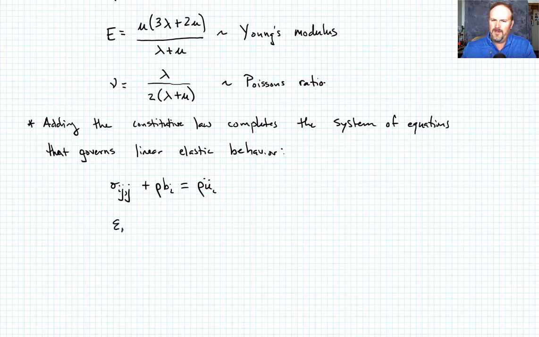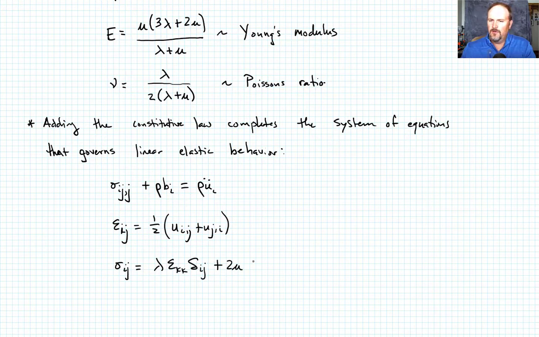Then we also have the strain displacement relations, epsilon_ij is equal to 1/2 (u_i,j plus u_j,i). And finally we have our constitutive law, which looks like sigma_ij is equal to lambda epsilon_kk delta_ij plus 2 mu epsilon_ij. So there are 6 equations here plus 3 equations there is 9, plus 6 more equations here is 15, and there are 15 unknowns.